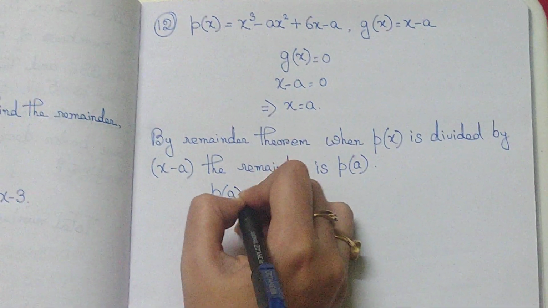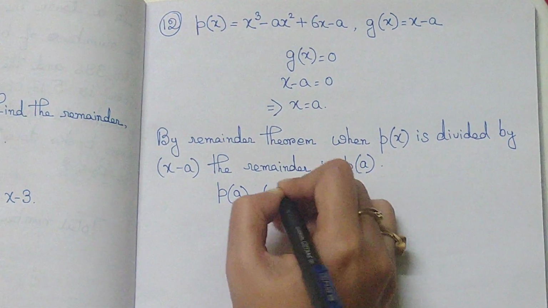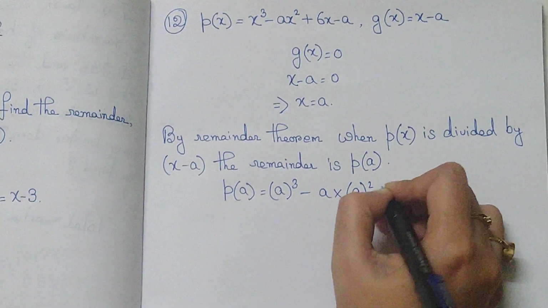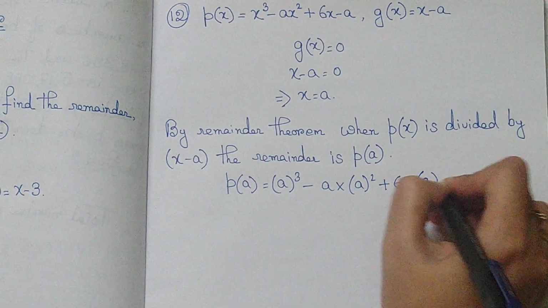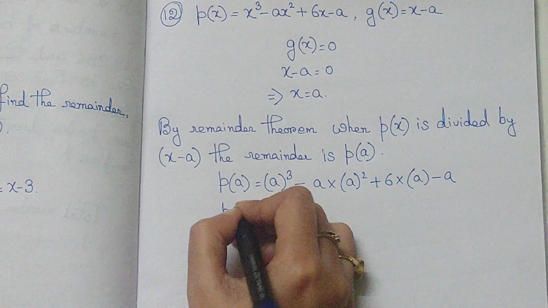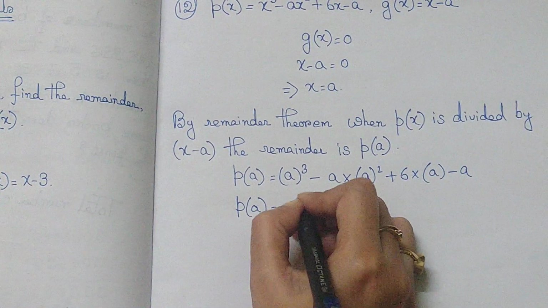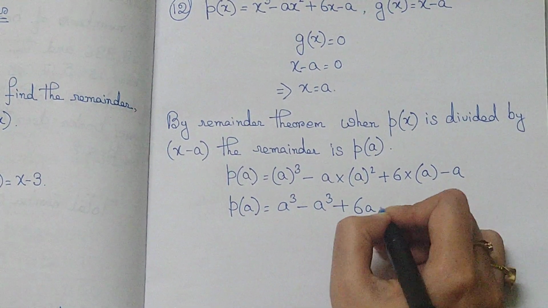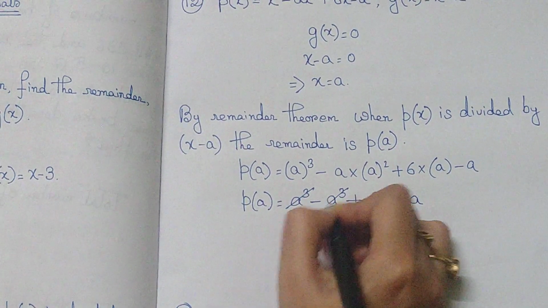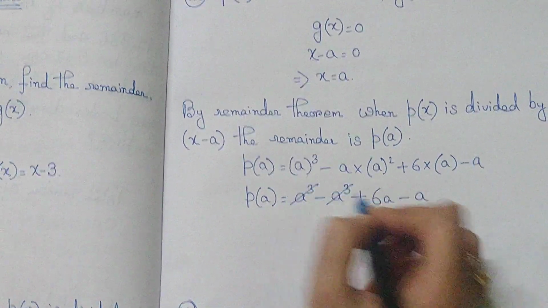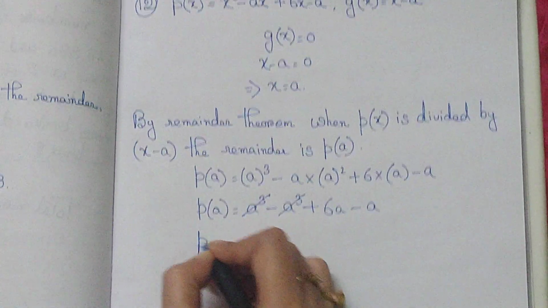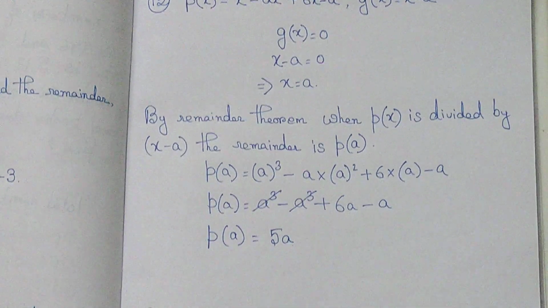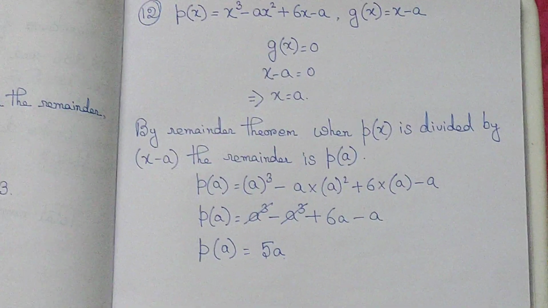So p(a) is equal to a cube minus a into a square plus 6 into a minus a. So p(a) equals a cube minus a cube plus 6a minus a. The a cube minus a cube cancel out because opposite signs cancel each other. Now p(a) equals 5a. So this is the remainder and this is your answer.